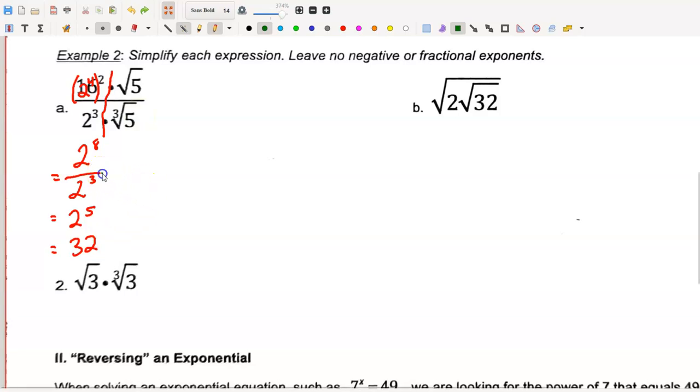They're just stuck together. So here we have a square root. If there's no number there, it's automatically a square root. So this is 5 to the half power, while the bottom would be 5 to the 3rd power. And just like the red here, we did 8 minus 3 and got 5, so we can do 1/2 minus 1/3, which is a 6th.